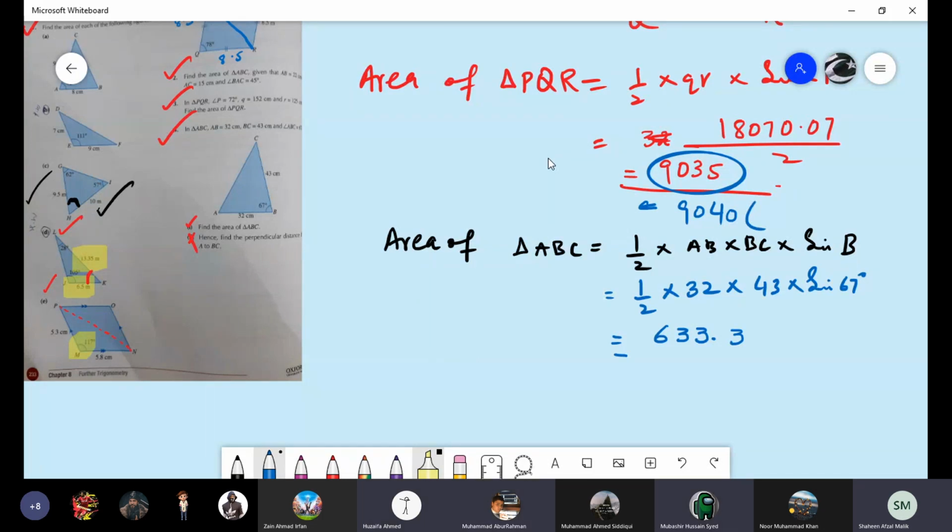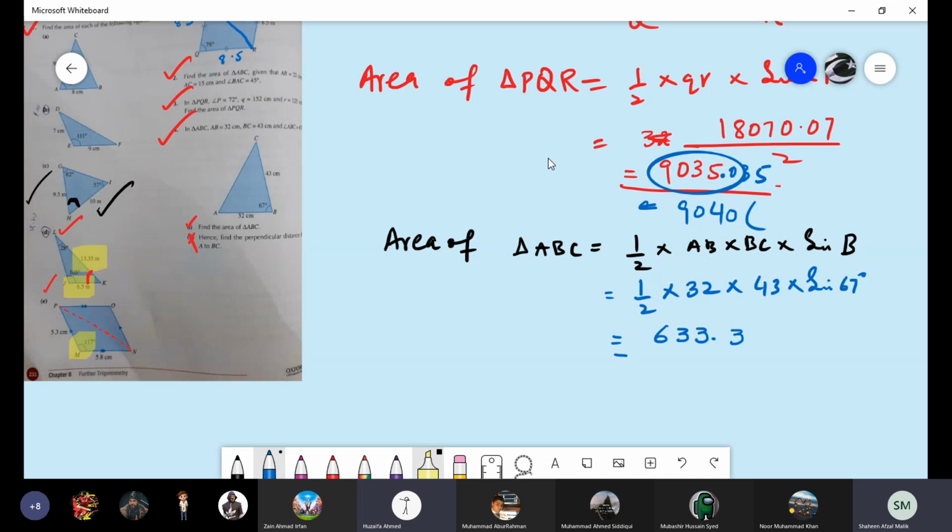First of all, what is our answer coming to on the calculator? 9035 point something. 18070.07 divided by 2 is 9035.035.